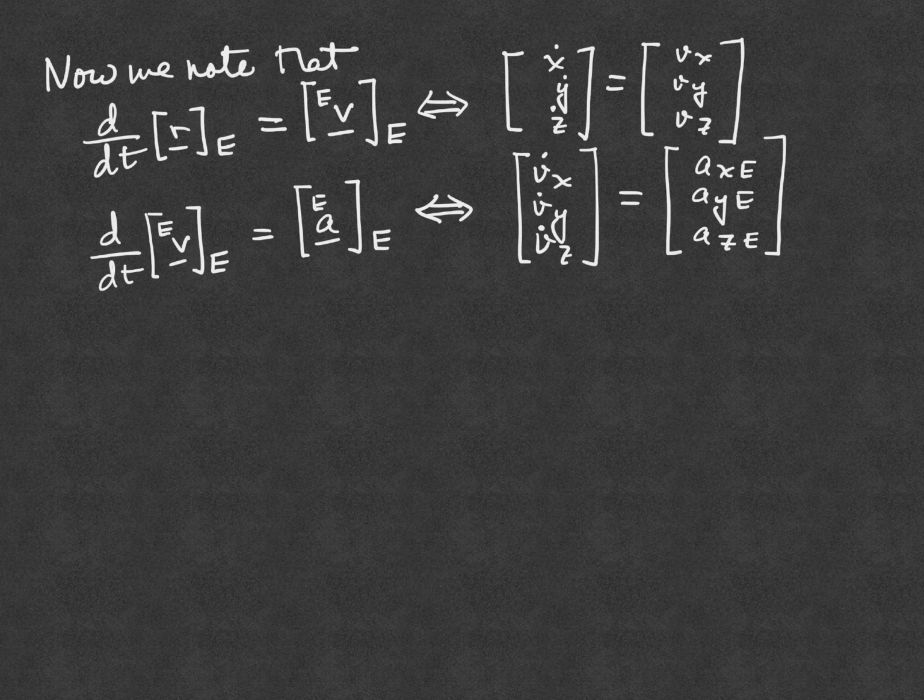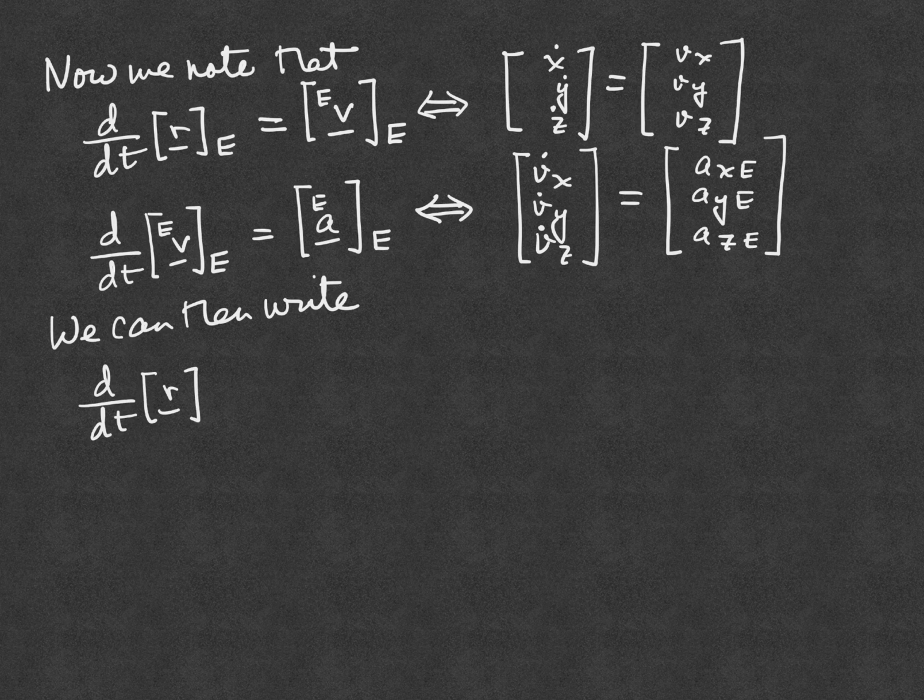Now, given the last set of equations that we just derived, we can then write that d dt of the position expressed in Earth-centered, Earth-fixed coordinates is equal to VE expressed in E. That equation stays the same. So it's the next equation that reads different, and it reads different in the following way.